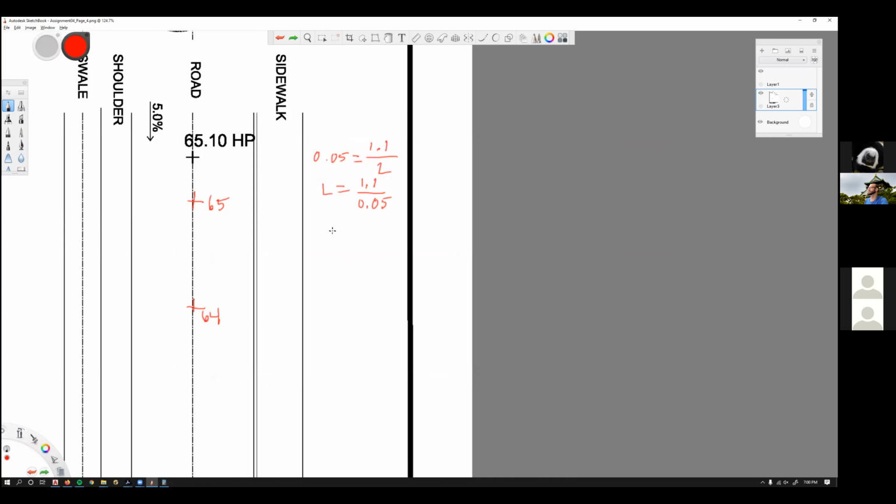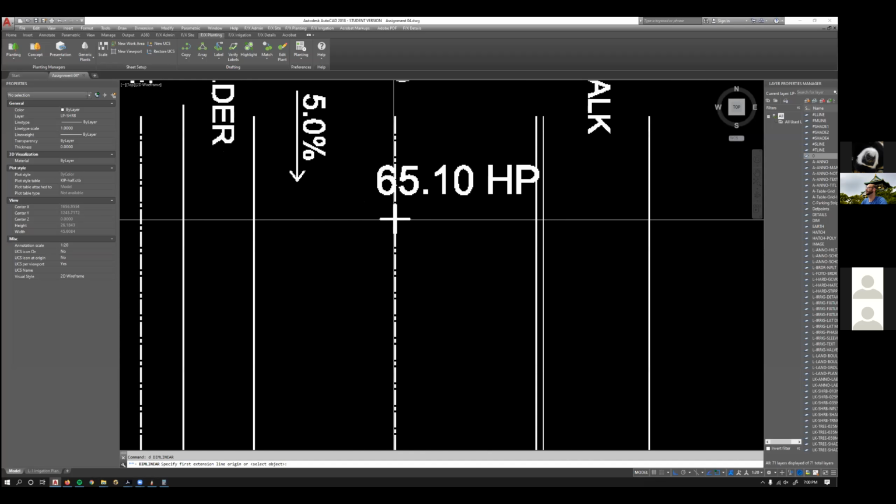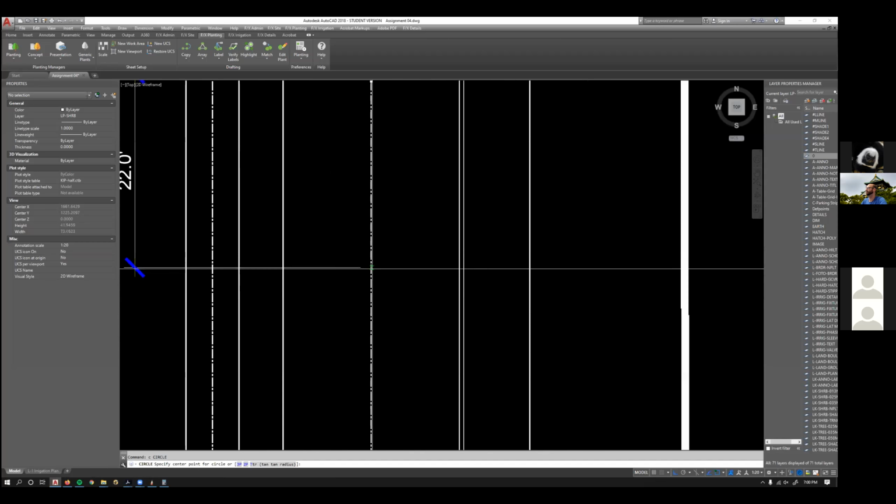L equals 22. So the distance here is 22 feet. So we'll go back here and draw 22 feet down. We'll put our point.